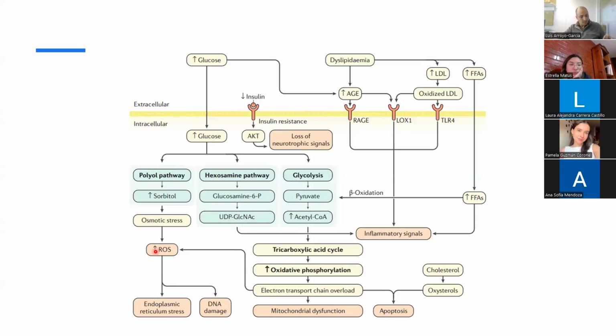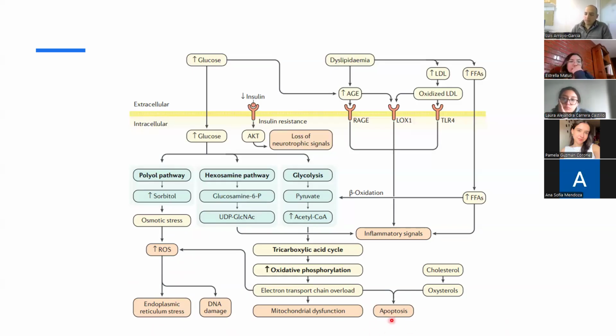Reactive oxygen species. This oxidative stress will generate DNA damage, endoplasmic reticulum and mitochondrial dysfunction as well, and it will lead to apoptosis.